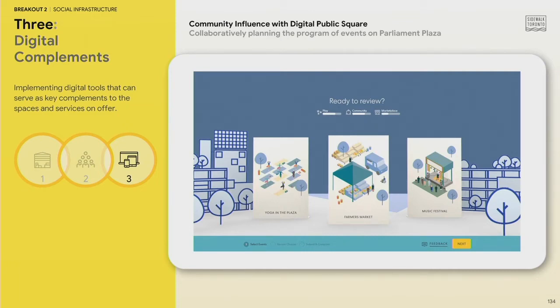In our initial prototype, community members can influence the programming of public spaces at Quayside through exploring trade-offs and sharing ideas and suggestions. In this screen, a community member has chosen yoga, a farmer's market, and a music festival, and can then see feedback about the choices that they've made.